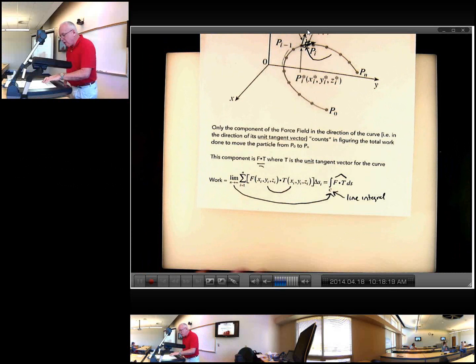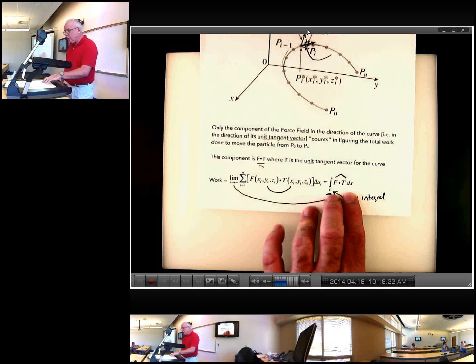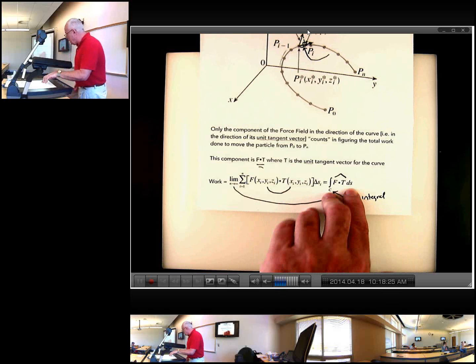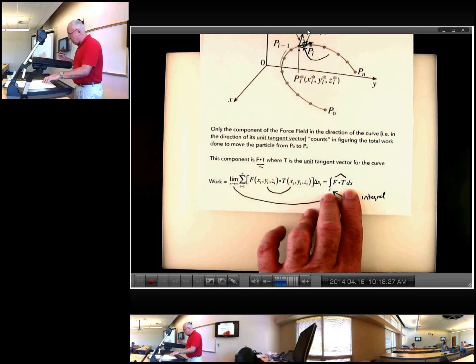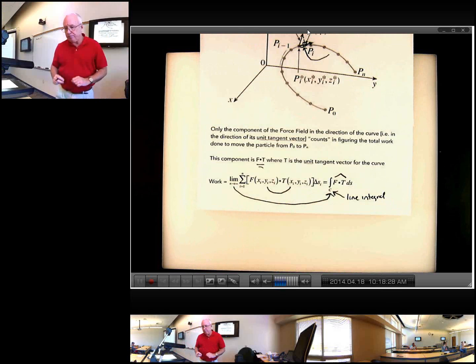What we're going to show in just a minute is a little bit better formula that we can work with to calculate the work.